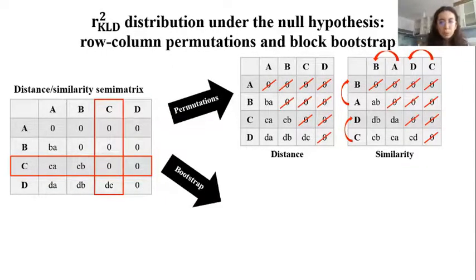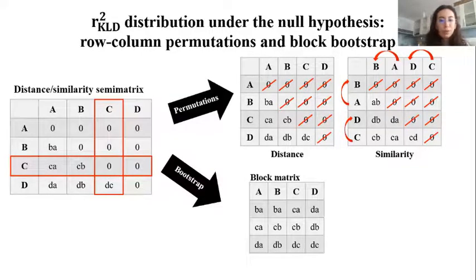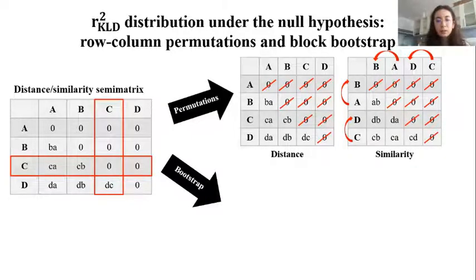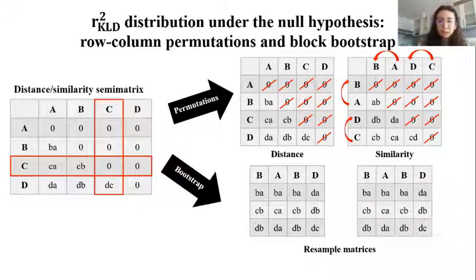As for the bootstrap, the first step is to save all the values related to a single sample point in a block matrix, in such a way that every column is a sampling point. We then resampled the blocks, the sampling points, and computed their sample matrices, the same for distance and similarity.